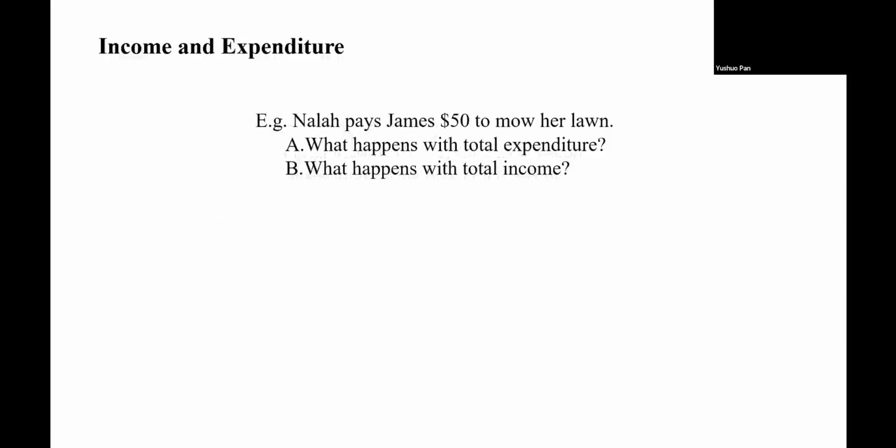Okay, here is an example. Nella pays James $50 to mow her lawn. So what happens with the total expenditure? Remember, income should equal the expenditure. For Nella, she pays this amount of money, so that's the expenditure for Nella.